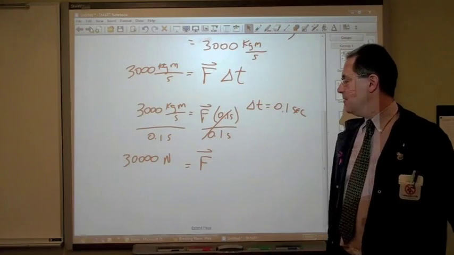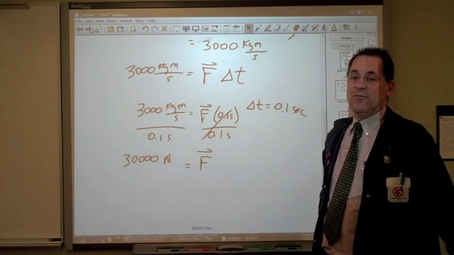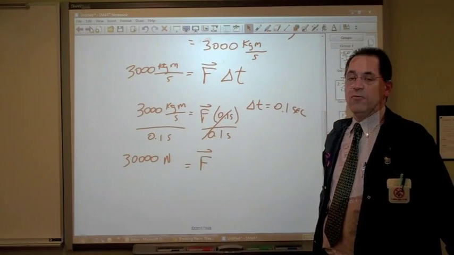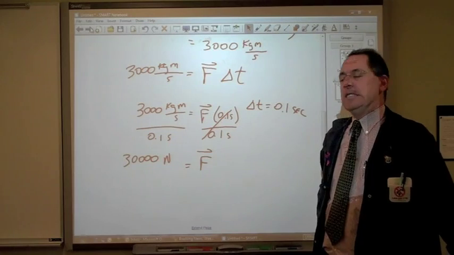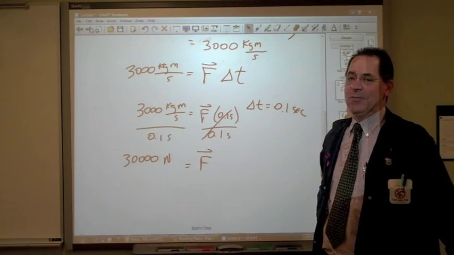Which ends up being divided by 4.5. That's almost 2 tons of force on him. Okay? Almost 2 tons of force on him. And that's why you get the splattering effect that we saw on the deer.